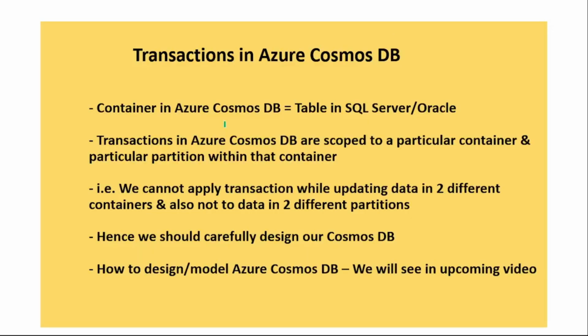Now let's discuss transactions in Azure Cosmos DB. Again, a container in Azure Cosmos DB is a table in SQL Server or Oracle. And the important thing, transactions in Azure Cosmos DB are scoped to a particular container and a particular partition within that container.